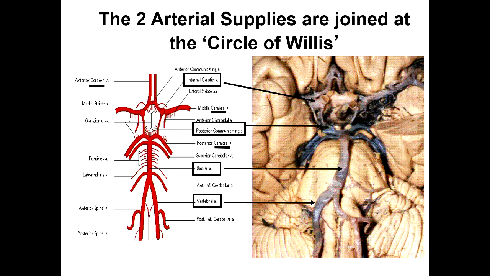Say, the blood flow running through this right anterior cerebral was reduced for some reason. Maybe the person's a bit old and they've got atherosclerosis and the blood isn't flowing as quickly as it should do. Then blood in this unaffected left artery could shunt blood into the right anterior cerebral and compensate for that loss of blood flow.